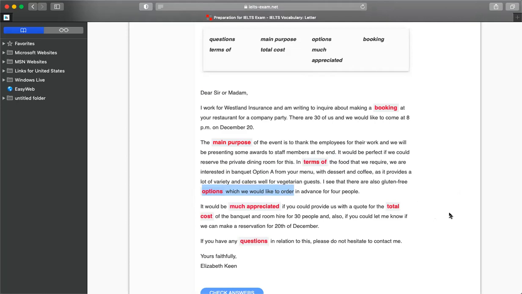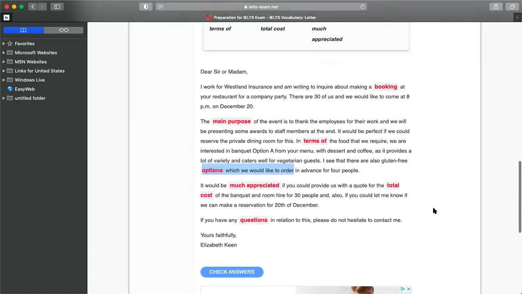In order to get band 7, 8, 9 in IELTS writing, speaking, and so on, in task 1, task 2 modules, either academic or general, you specifically need to have that complexity of the structure. Complexity of the structure is a must. I can't emphasize stronger than this.